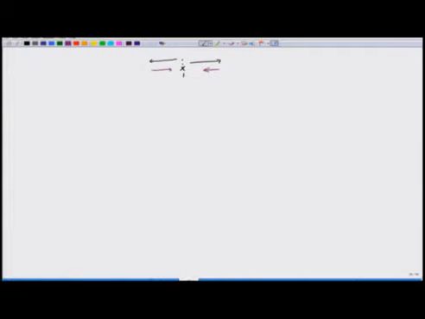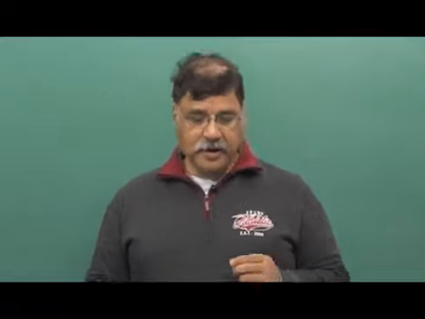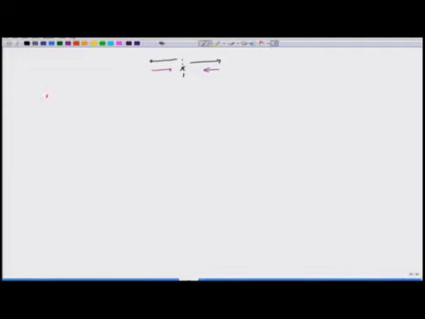So, for it to perform a simple harmonic motion, where it goes back and forth in a very periodic way, the force has to be in the direction opposite to the displacement. And I have also shown you how to visualize simple harmonic motion. From now on, I am going to call it SHM, which stands for simple harmonic motion.